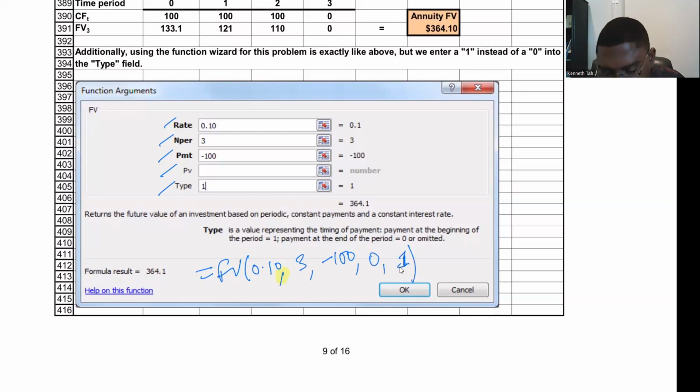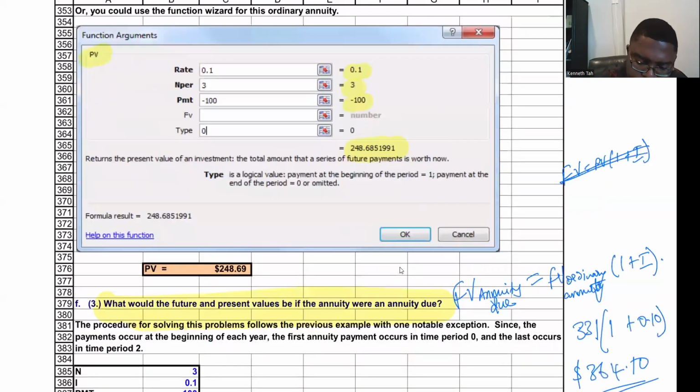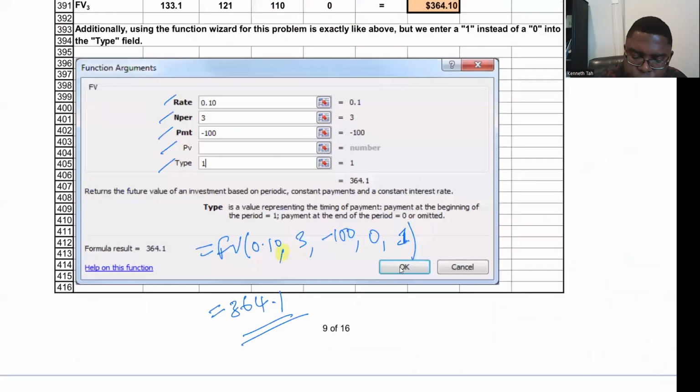That 1 is so that Excel can recognize that this is an annuity due. So when we do that, we are going to have 364.1. So for an ordinary annuity, the same thing, but with the type we put 0. For an annuity due, with the type, we put 1.